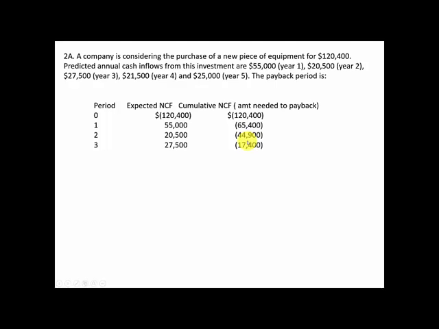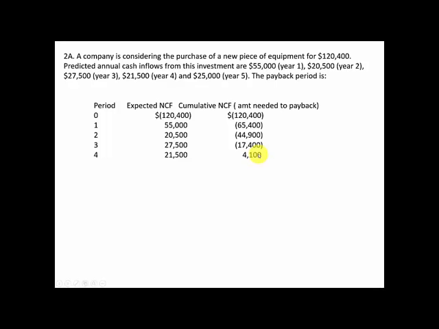After 3 years we got an additional $27,500, which means we only have $17,400 to get back. And in year 4, we get back another $21,500, so somewhere in year 4 we are now in the positive. We've gotten back more than we spent, to the tune of $4,100.